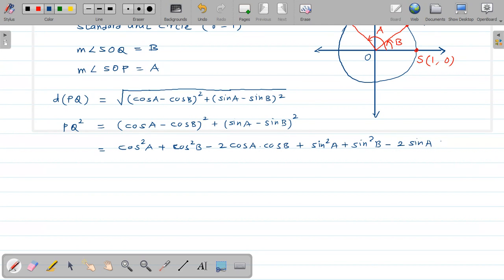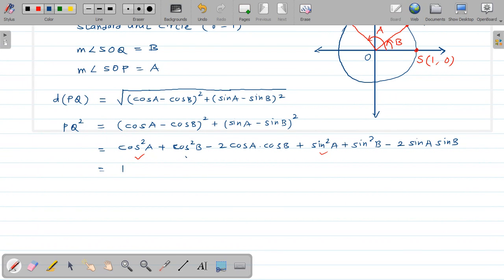A into sin B. Now if you observe this step, here there is a cos square A and here there is a sin square A. So cos square A plus sin square A will be 1.